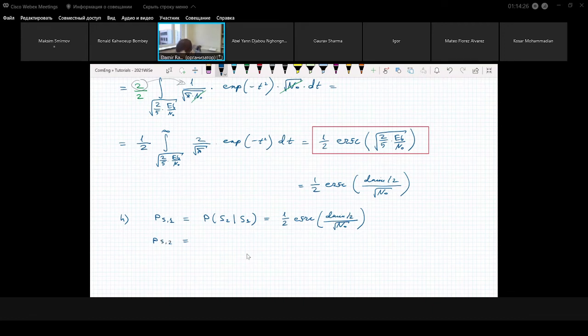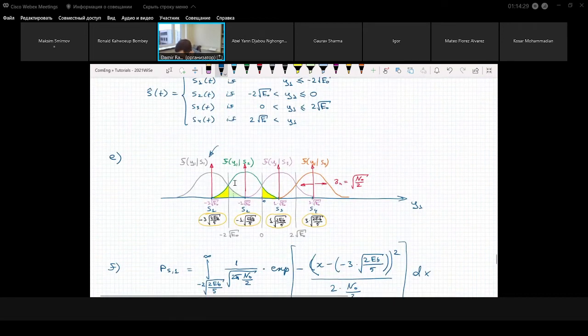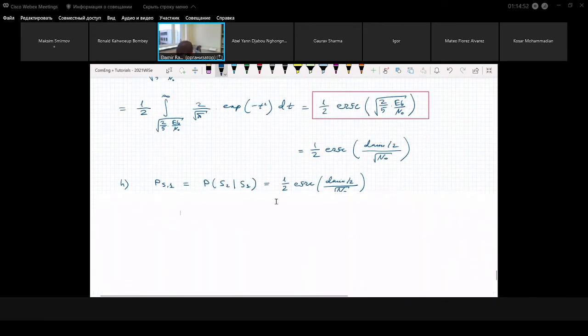As I have shown above, you have one possibility that you will receive signal S1 while you transmit signal S2, and another possibility to make error, that you decide it was signal S3 while in reality you transmitted S2.